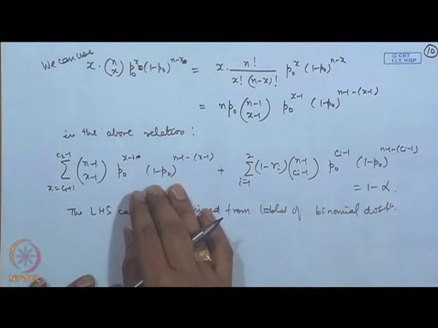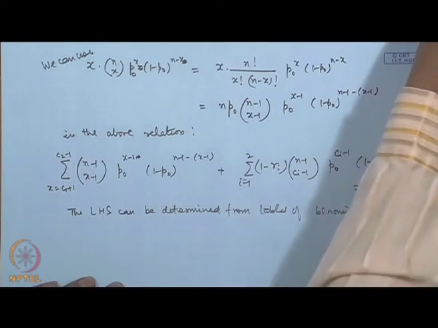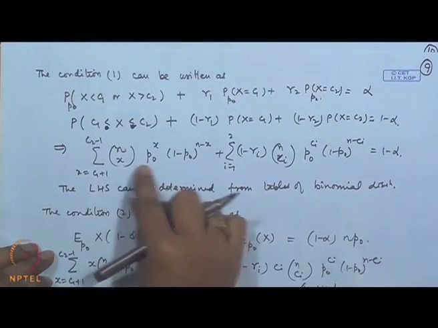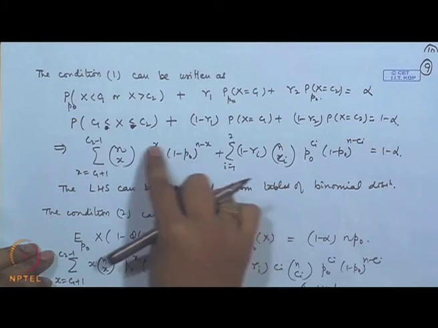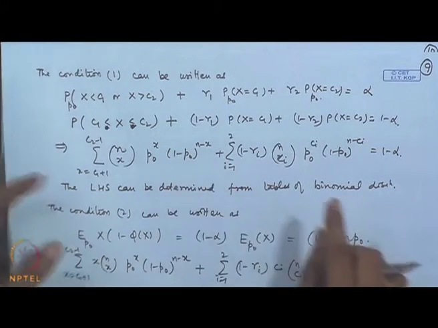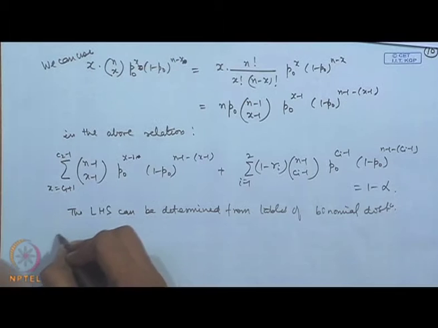So, for example, suppose I say p naught is equal to half. If I take p naught is equal to half, then these conditions become extremely simple. Let me just show you here. If I take say p naught is equal to half, then this is becoming simply half to the power n. Okay. Let me just demonstrate.